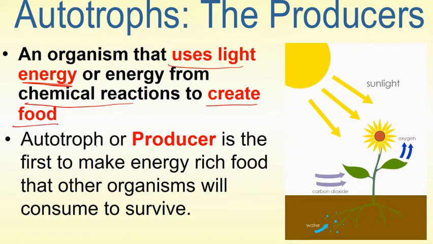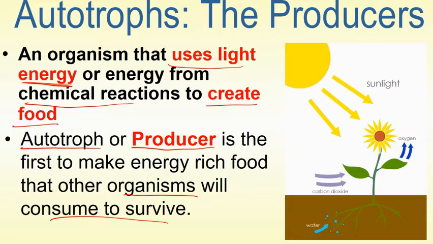And these organisms we call autotrophs, or sometimes we commonly refer to them as producers. They are the ones that are going to be making food that they can then hold and use later for energy when they need it, or that other organisms might consume to get that energy.